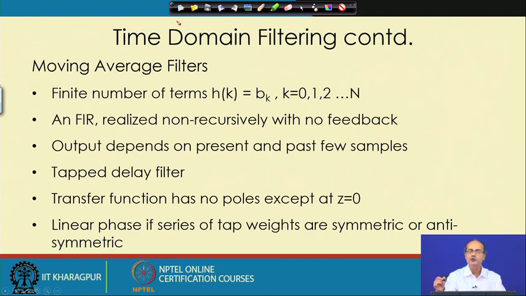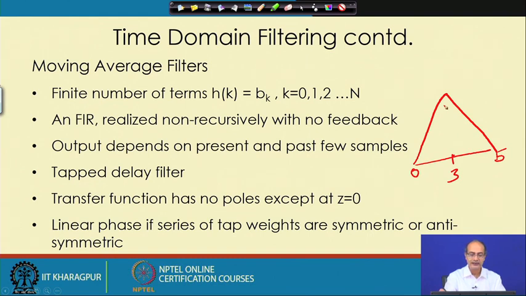And if we choose the weights properly, that means if the weights are symmetric or anti-symmetric, then we can have linear phase. For example, if we have weights from 0 to 5, and we choose the weights in this way, where 3 is the midpoint, we get symmetry over that point.